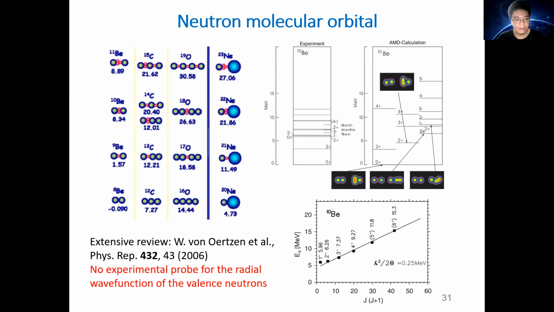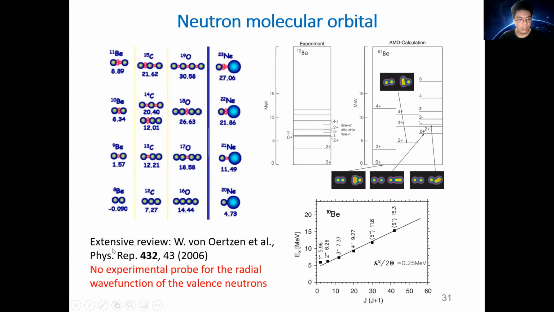We found several cluster structures, as demonstrated using the extended Ikeda diagrams here. When you put neutrons on top of them, the neutrons will behave in a certain way and have certain orbit configurations, like the p-type orbits, for example.